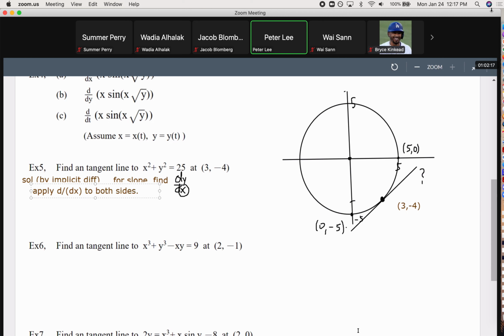Okay, so if you do that, this is what we get. d/dx of x squared plus y squared, as you apply to the left-hand side. And then now, we also apply d/dx to the right-hand side, which is d/dx of 25.